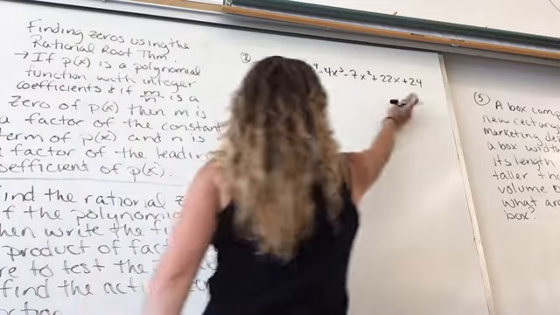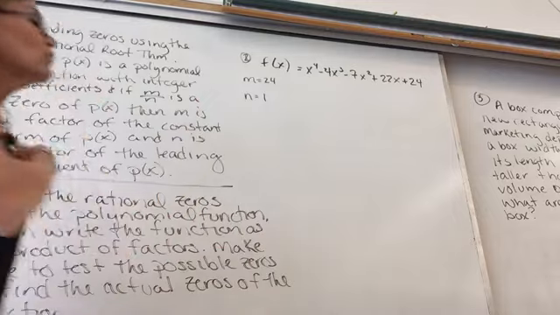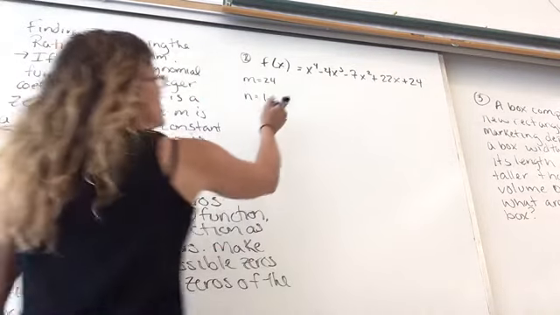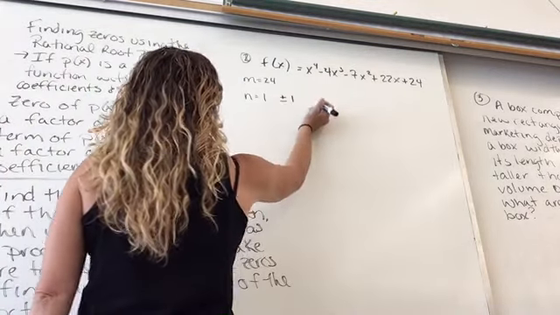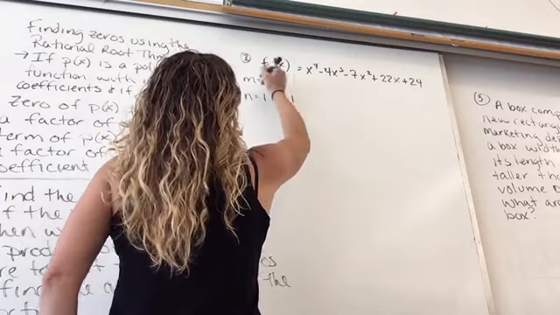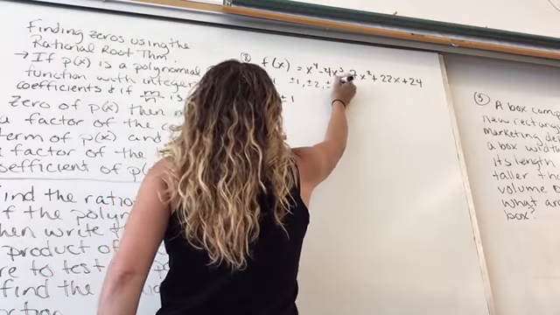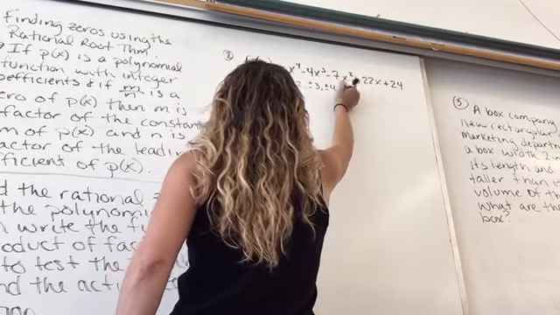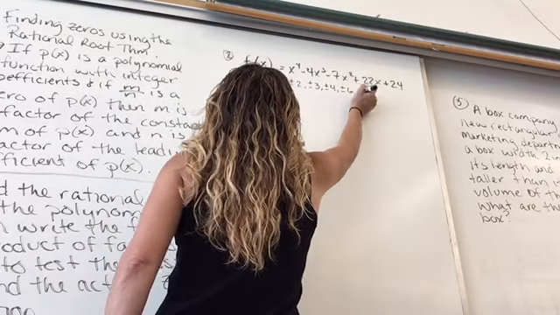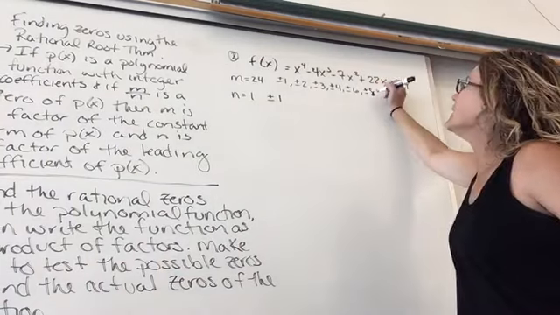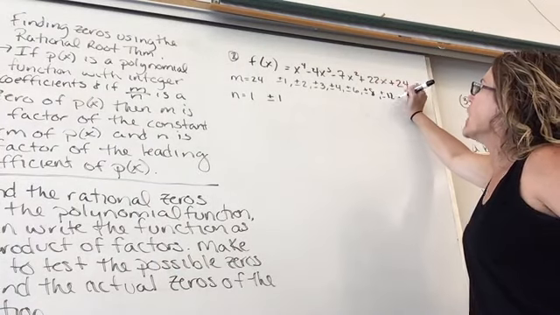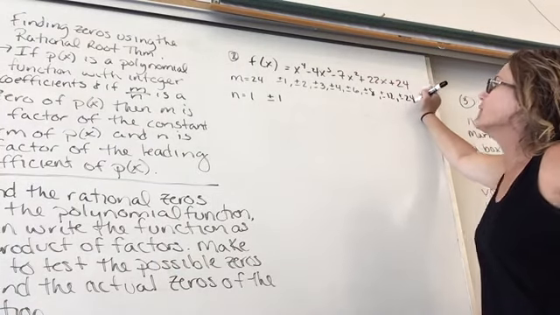So my possible numbers for n are plus or minus 1. For 24, we get plus or minus 1, plus or minus 2, plus or minus 3, plus or minus 4, plus or minus 6, plus or minus 8, plus or minus 12, plus or minus 24.